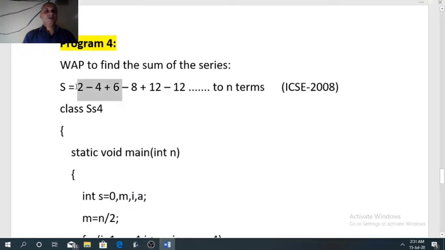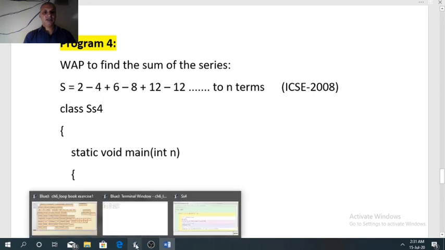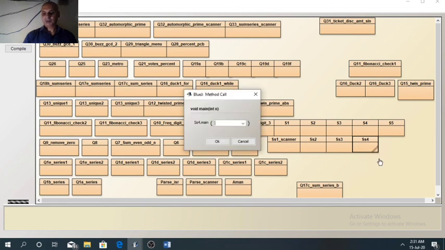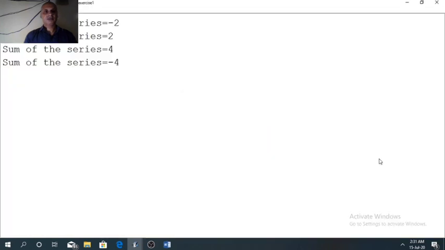When n equal to 4, the sum of the first 4 terms, 2, 6, 8, and 8 minus 8 cancel. So we should get minus 4. Let us check it. Now we have got minus 4.